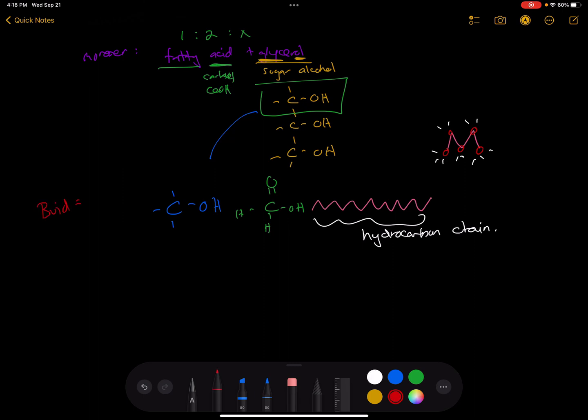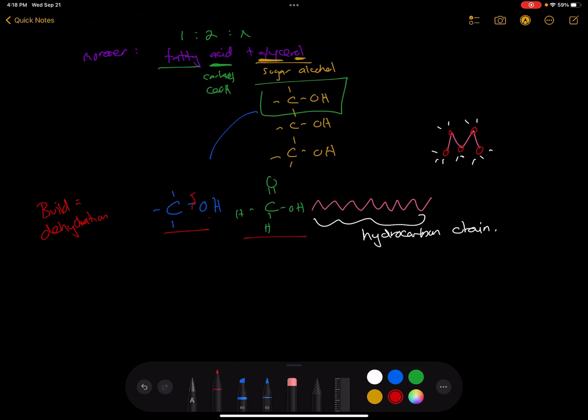All right, so now all I want to do is build something. Every time we build, that means I'm going to do dehydration synthesis. And when I dehydrate, I'm going to take away water. Well, look, if I want to add this glycerol part of it to this carboxylic acid with a hydrocarbon chain, I just have to look to see where the water comes from.